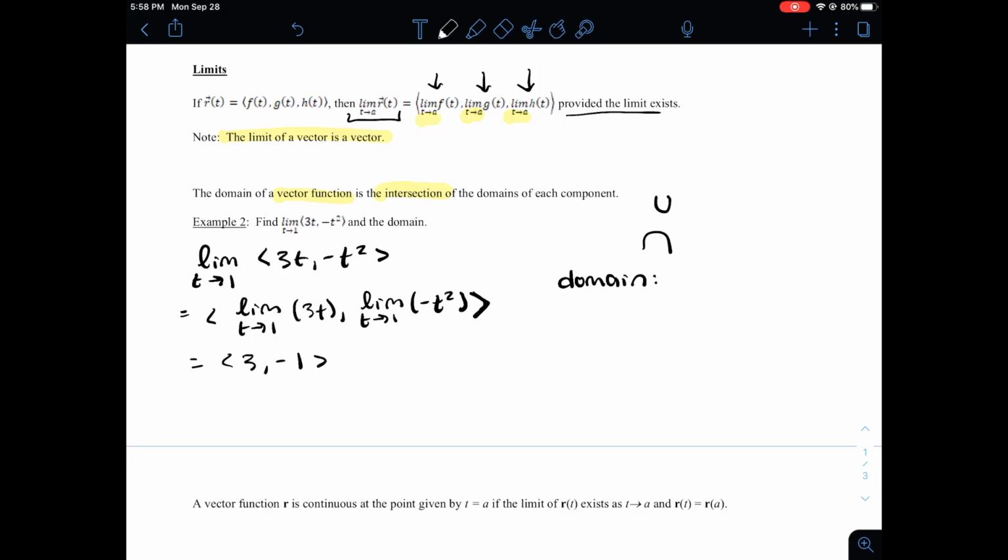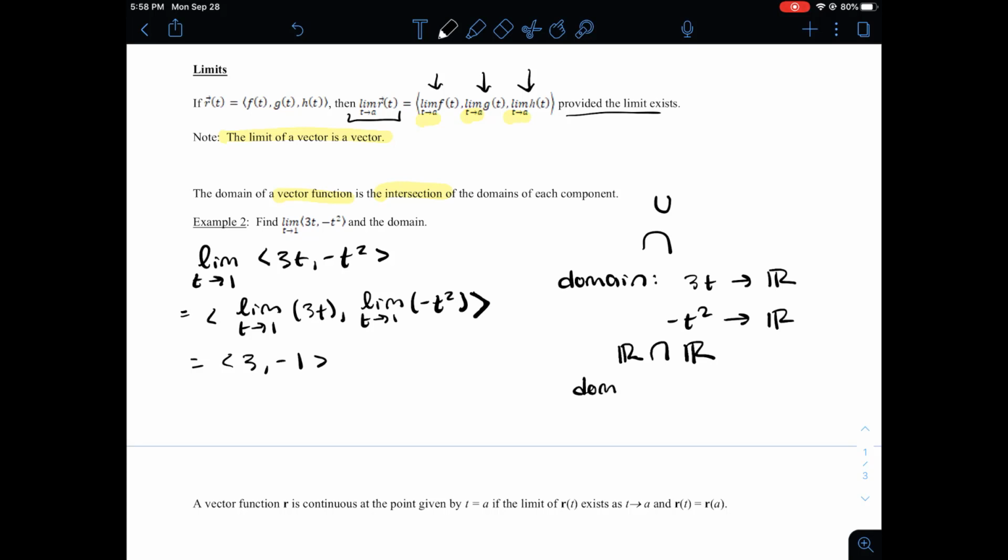Okay, also pretty simple. What is the domain of 3t? Okay, all real numbers. What is the domain of negative t squared? Also, all real numbers. So the intersection of real numbers and real numbers, where do those two sets overlap? Well, it's everything. They have everything in common.